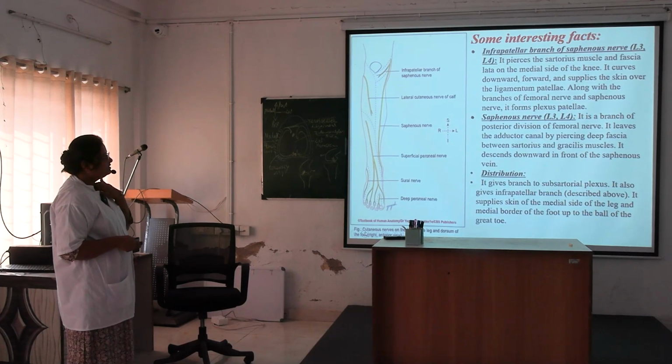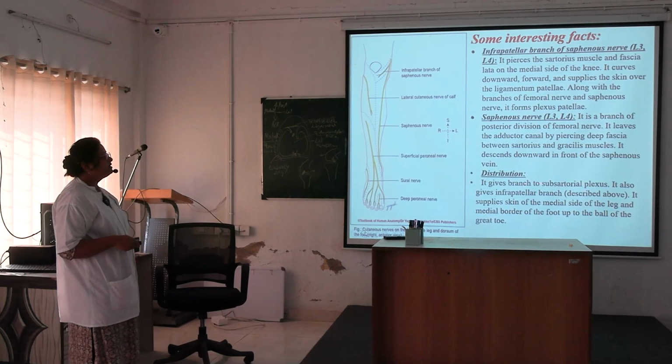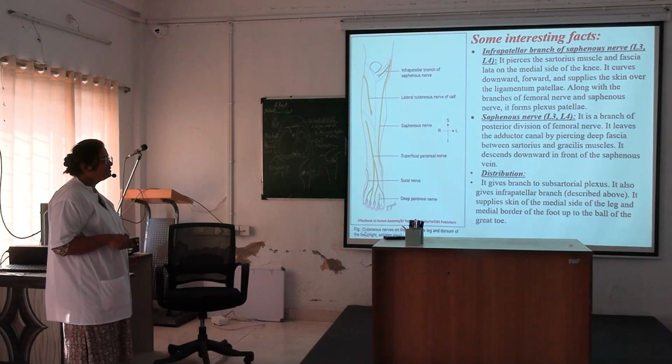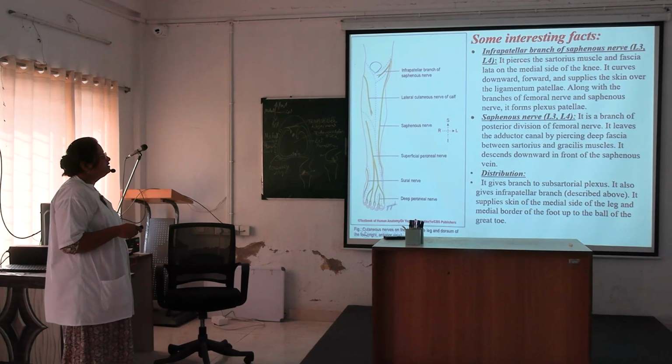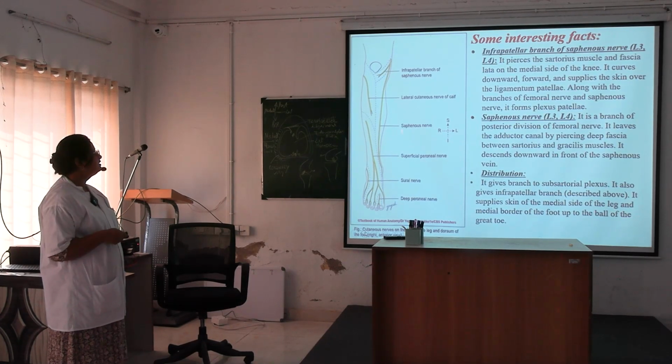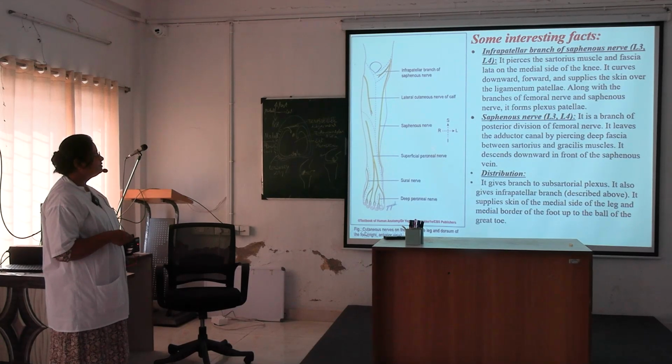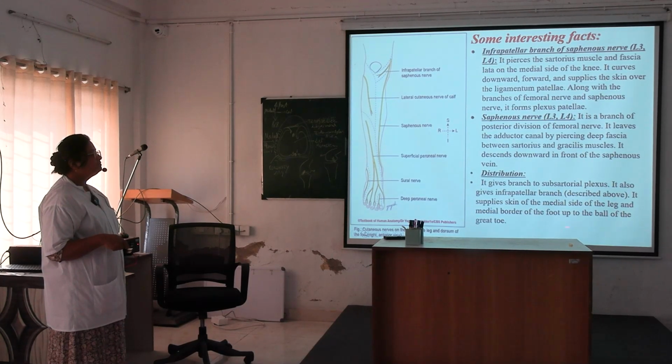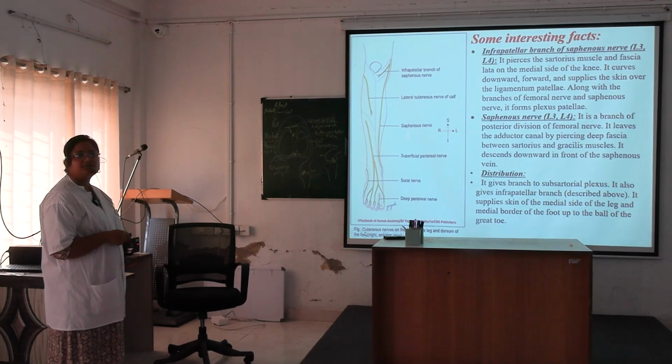What is the distribution? It gives branch to the subsartorial plexus, also gives infrapatellar branch, which we have discussed already, and it supplies the skin of the medial side of the leg and medial border of the foot up to the ball of the great toe. This gives you cutaneous supply.